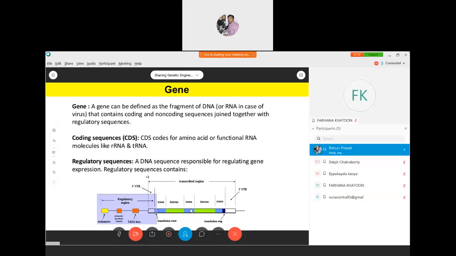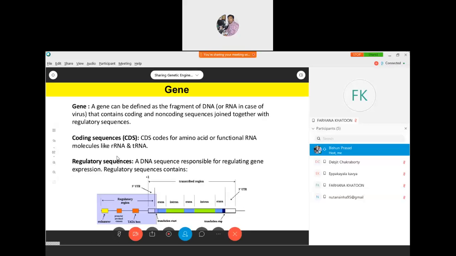So if somebody asks you whether it is a thumb rule that all eukaryotic genes contain introns, you can say no. There are a few genes which do not contain introns, but in general, there is a presence of intron as well as exon in the protein sequences of eukaryotic genes. But in prokaryotes, there is no intron, only exons.